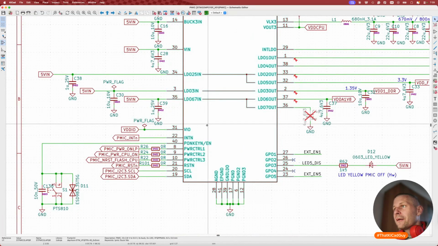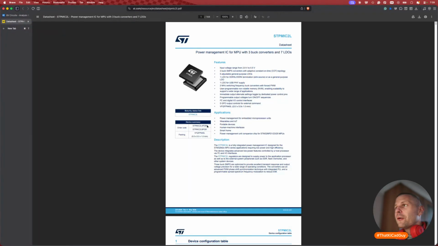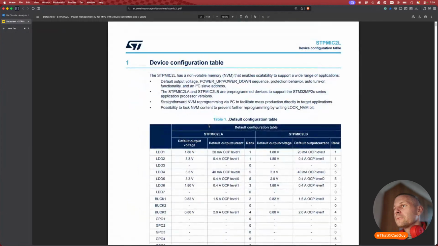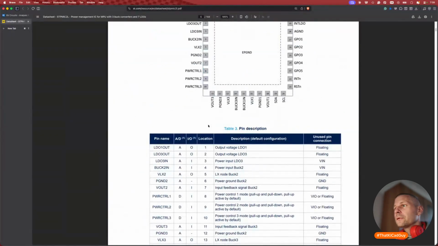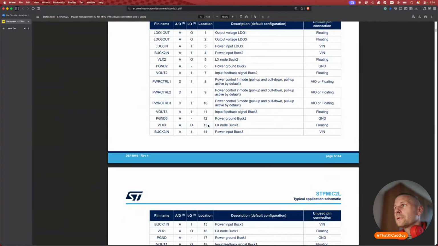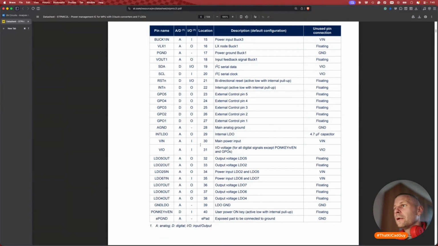I'm going to check the datasheet for VIO 31. IO voltage.